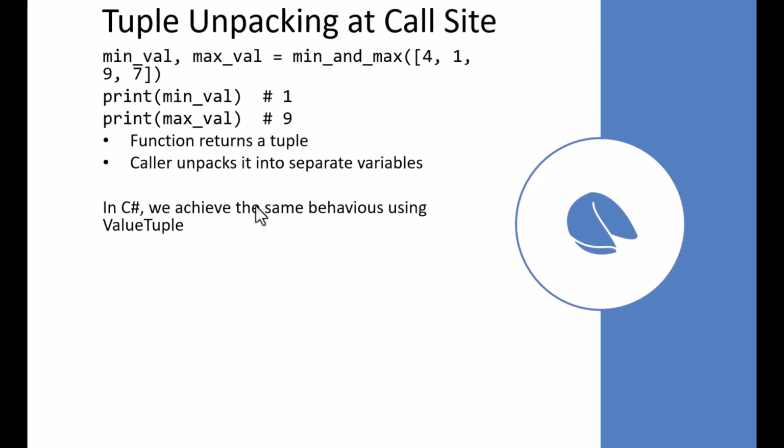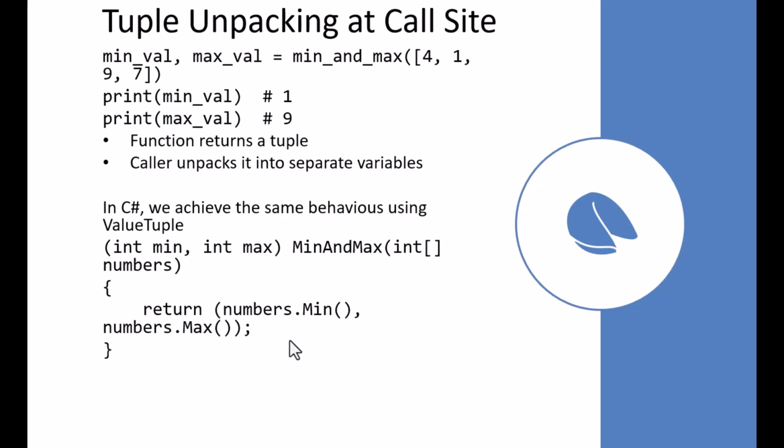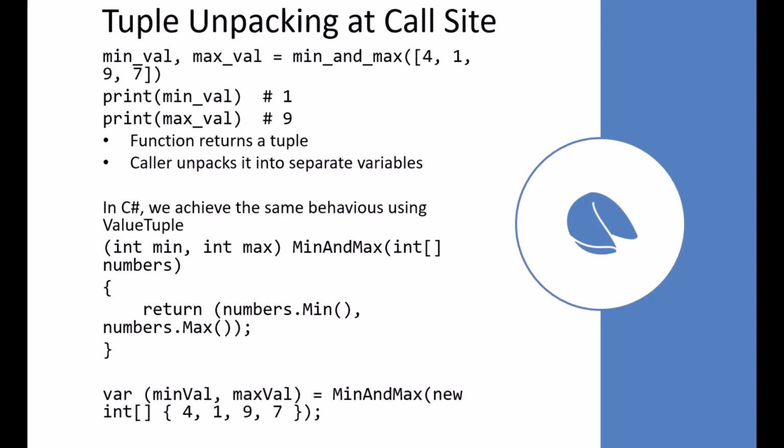And in C#, we achieve the same behavior using value tuples. Through a LINQ query, it gets the minimum as well as the maximum of these numbers. Then two separate variables unpack the return value of the tuple, used in two Console.WriteLine statements, Console.WriteLine min value and Console.WriteLine max value.